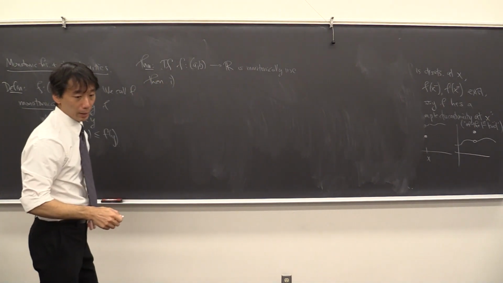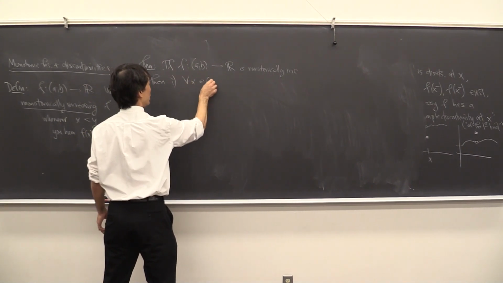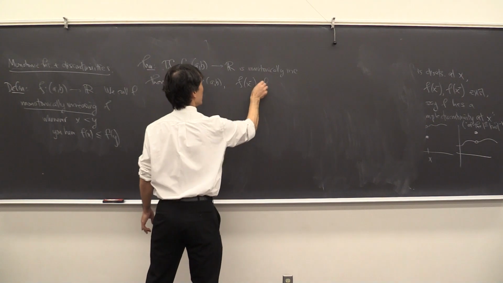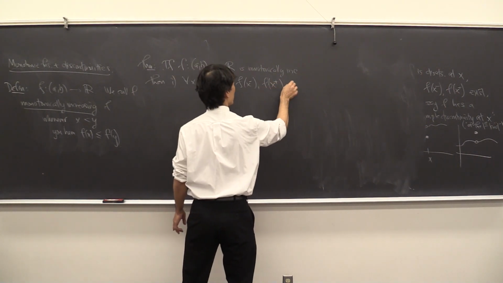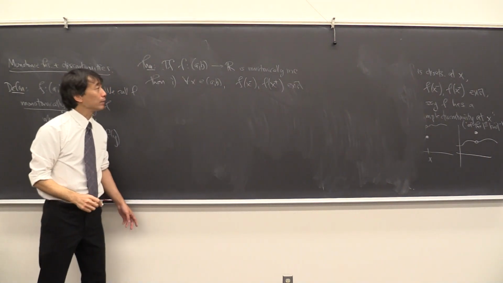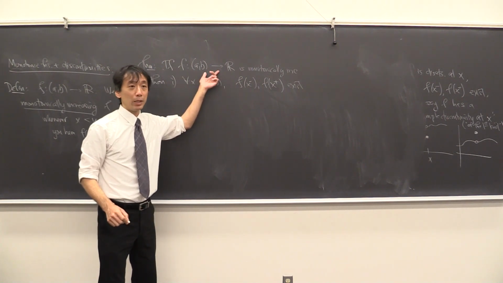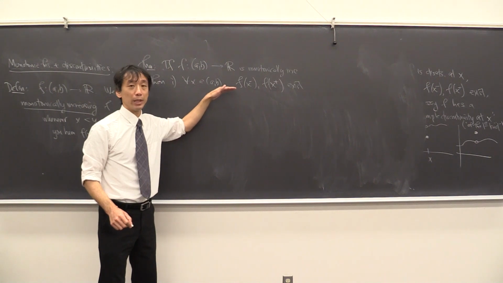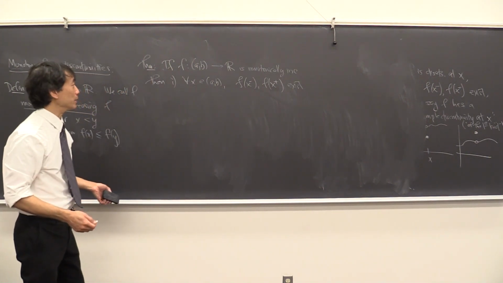One, for all x in (a, b), the limit from the left and the limit from the right exist. What that tells you is that if your function is monotonic, then you only have simple discontinuities. That's exactly what it says.